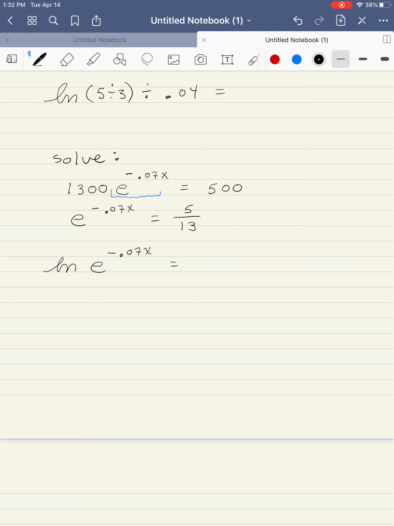Then I take the natural logarithm on both sides. And the natural logarithm of e to the negative 0.07x is just negative 0.07x. Rewrite this. And then I can divide both sides by negative 0.07.